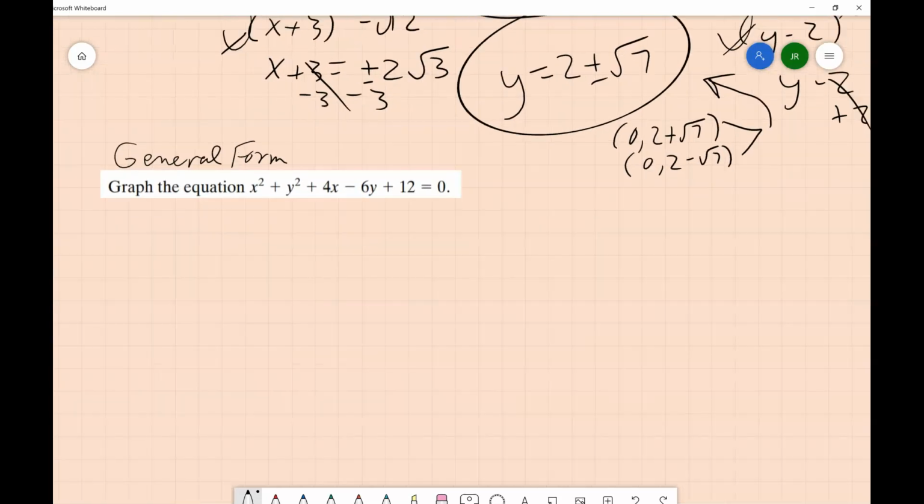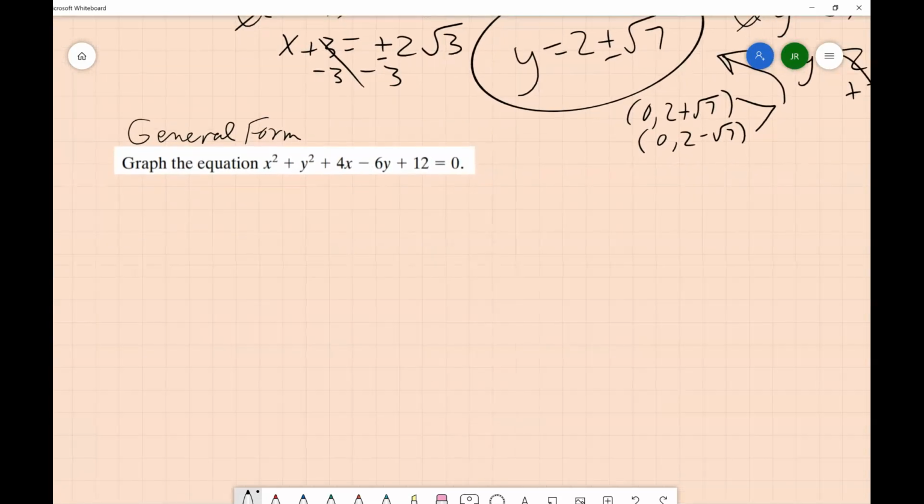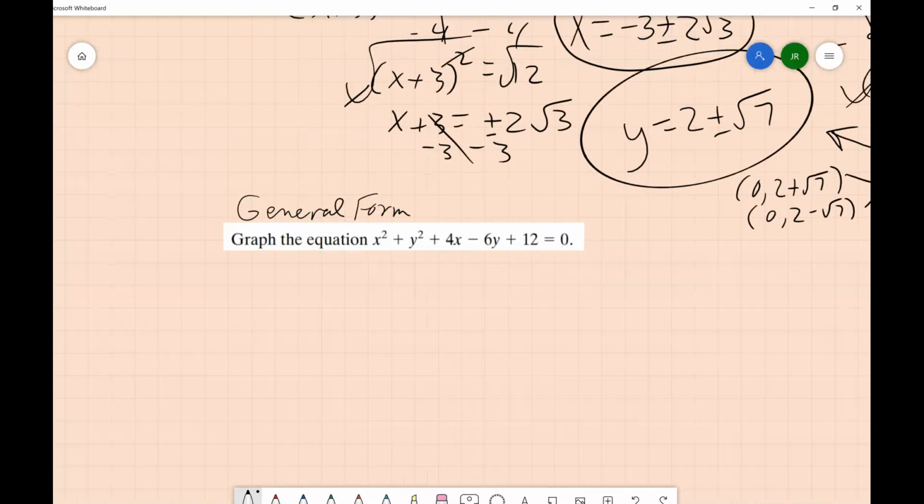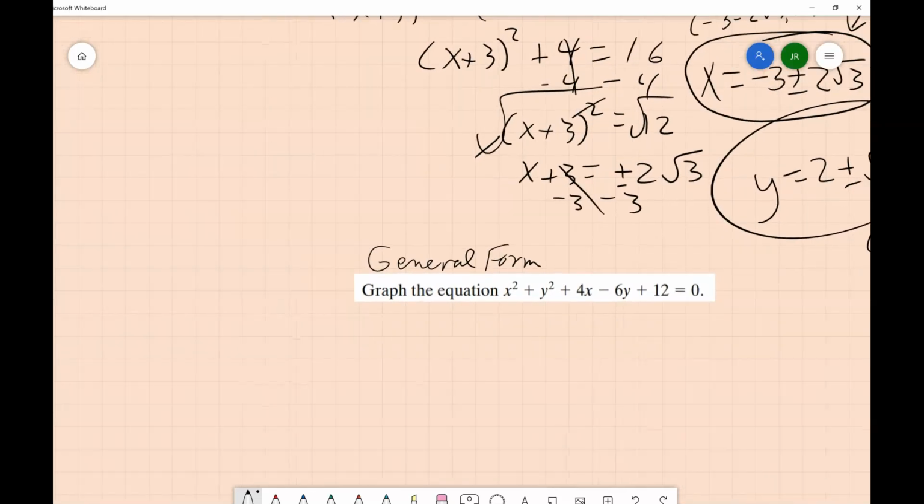All right, the next problem is a problem about a different form of the equation of a circle, not standard form, but something called general form. Let me take an aside here and talk about general form. General form for the equation of a circle is this.